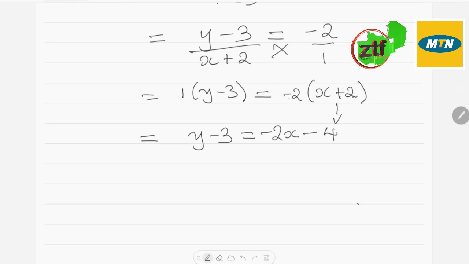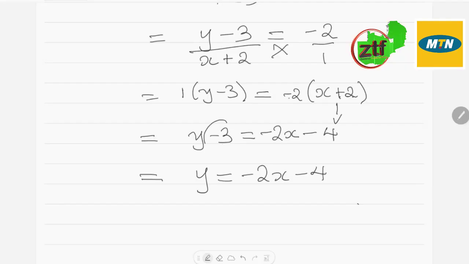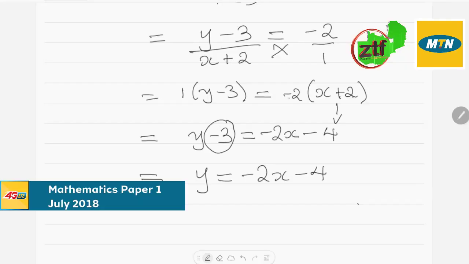Now you need to rearrange this equation so that it suits the standard form of a linear equation. That's what you need to do. So what are we saying now? We are going to collect the like terms. We are going to say y equals negative 2x minus 4, then this negative 3 is transposed to the other side.